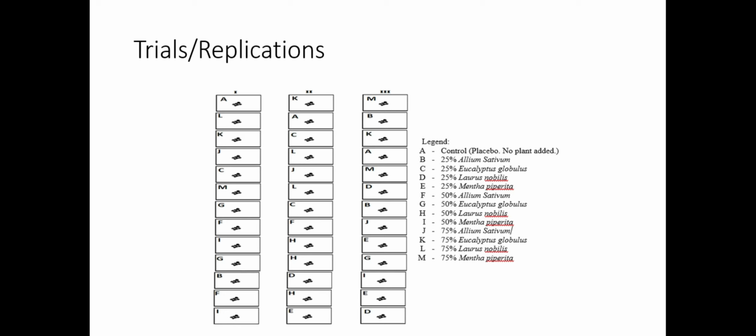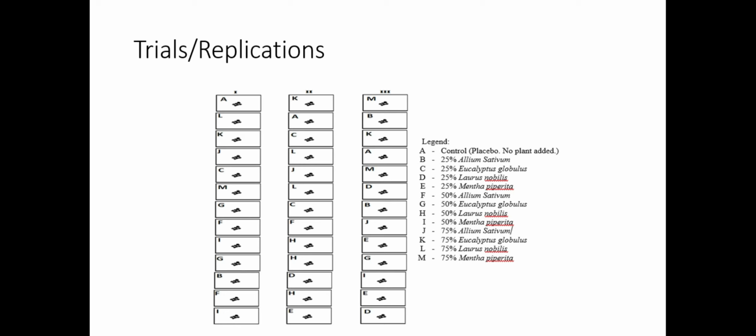So we have different treatment groups or experimental groups in the form of different concentrations of plants, and the control group is just one. So it's replicated and randomly assigned. Usually it's blind randomization, a double blind randomization to prevent bias.